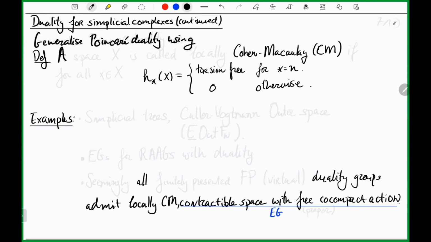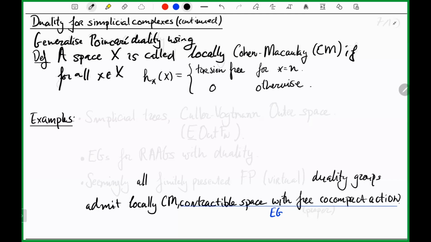I'll say that the space X is called locally Cohen-Macaulay if for all x in X, the local homology groups are concentrated in a single degree, torsion free there, and 0 otherwise.